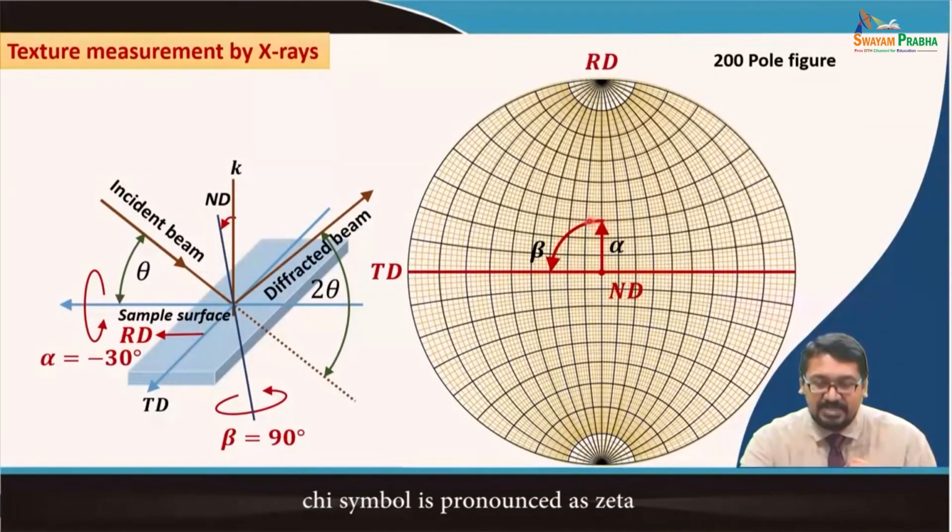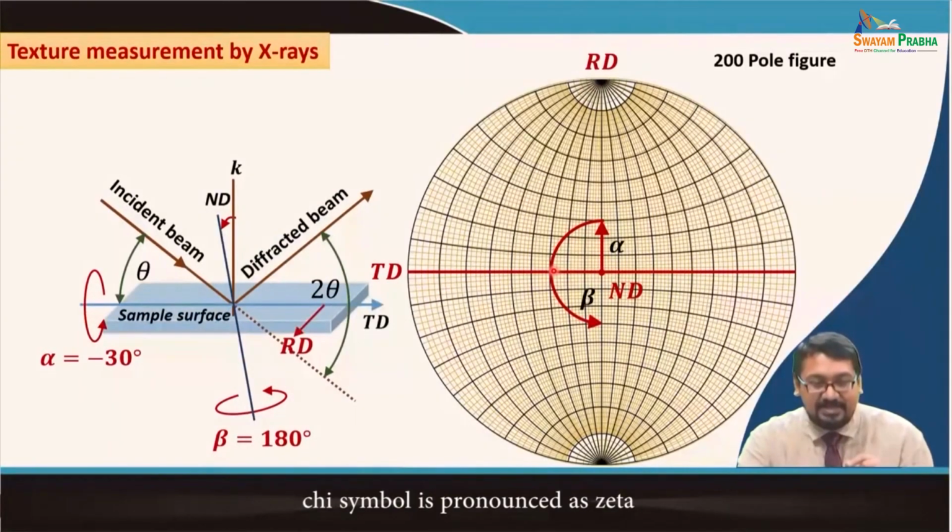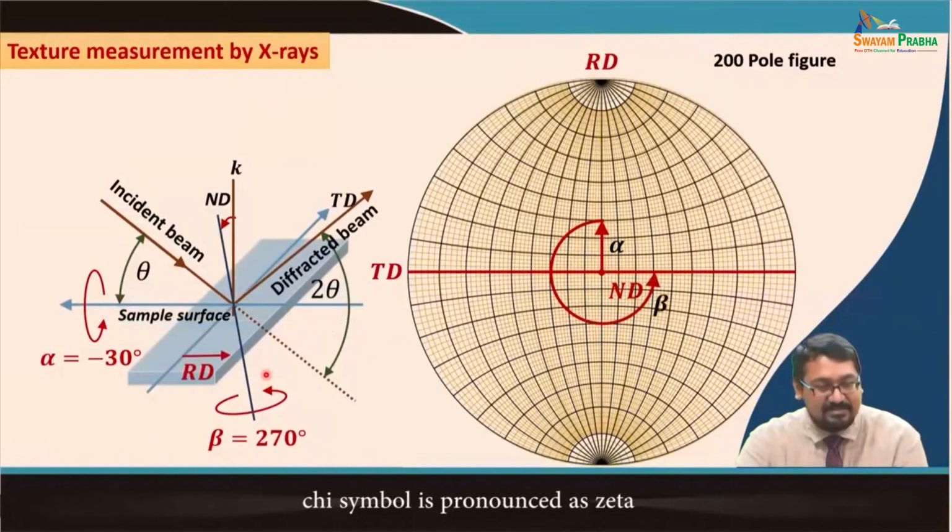We are measuring from beta equal to 0 to 90 degrees throughout, and then we rotate beta again and can get the intensities of that particular HKL plane, 200 in this case, up to 180 degrees. You see that the sample is rotated. This time the TD is here and the RD is now in the front, right, and then we go again and now the TD is going backward where RD is on this side.